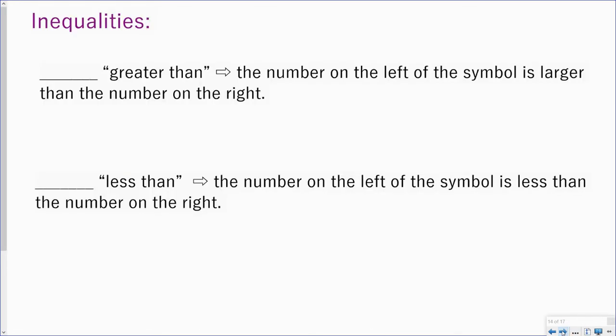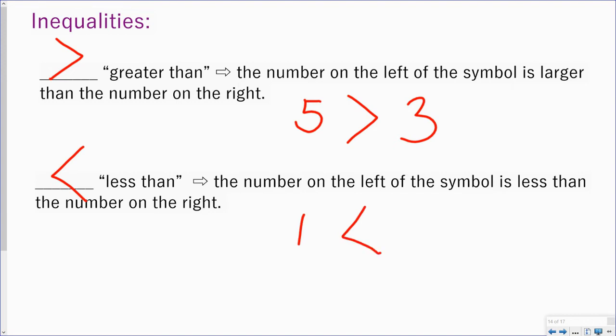So let's talk a little bit about inequalities. Inequalities are a greater than sign and a less than sign. So a greater than sign would look like this. For example, I would have 5 is greater than 3, and a less than sign looks like this. So I would have 1 is less than 4.